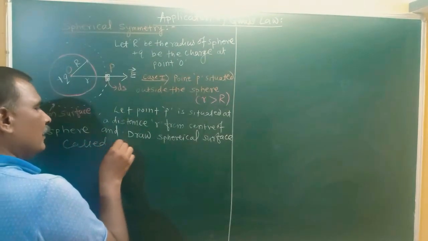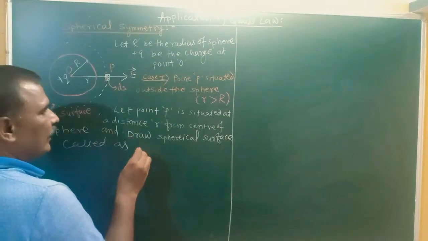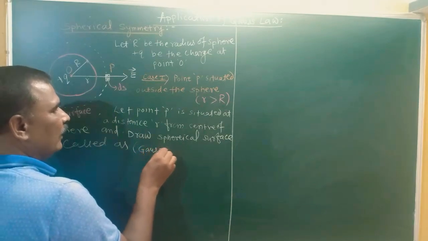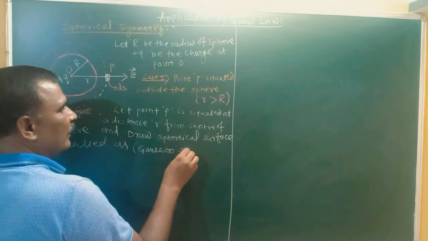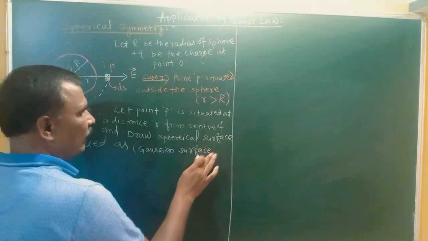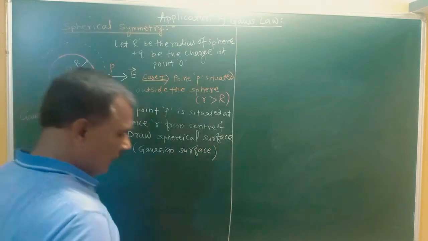What is that spherical surface called? It is called a Gaussian surface. This is the point we have to consider here.